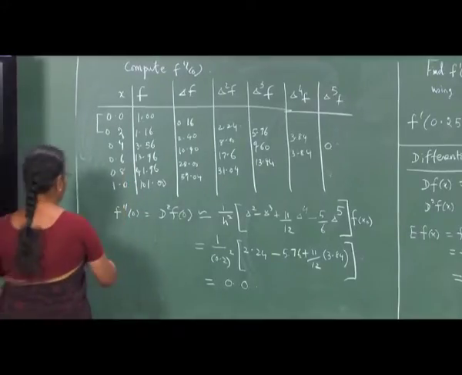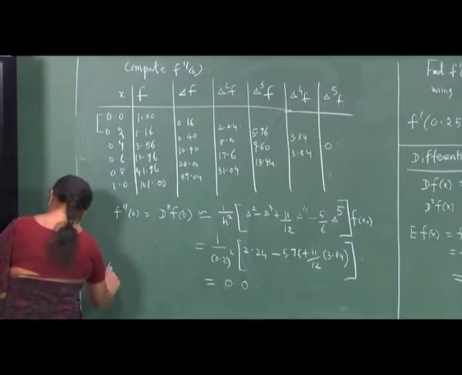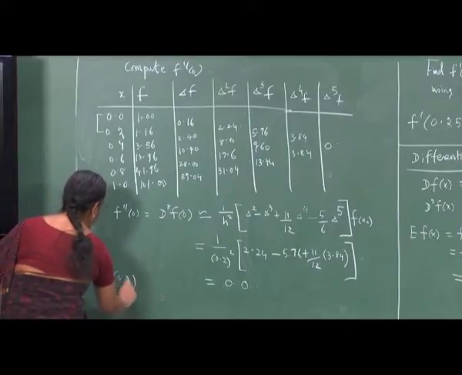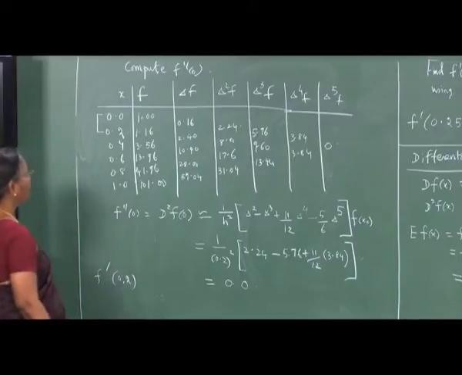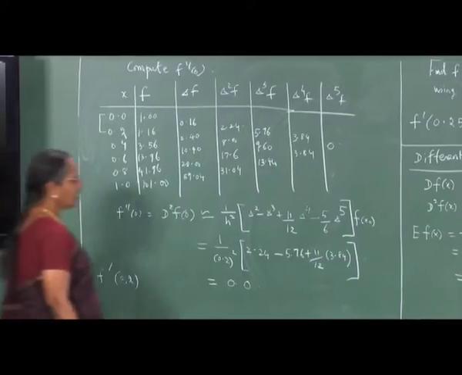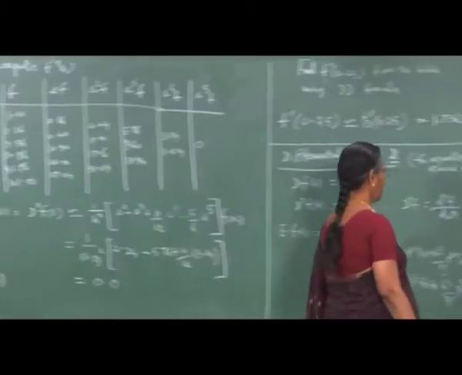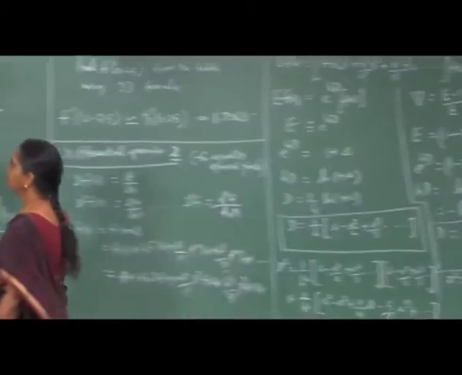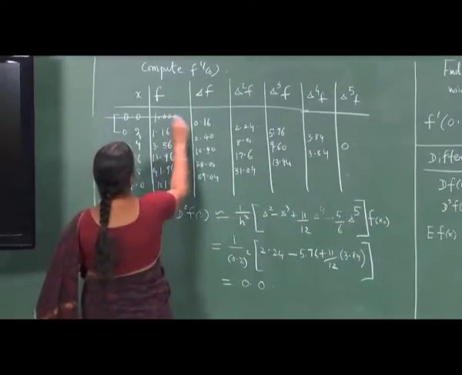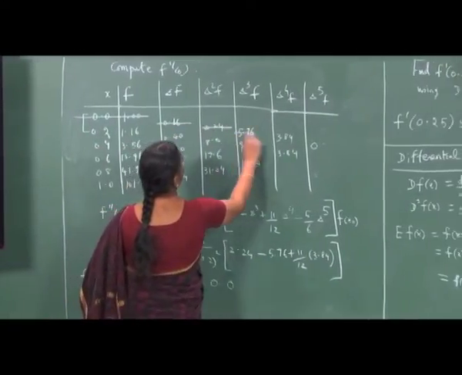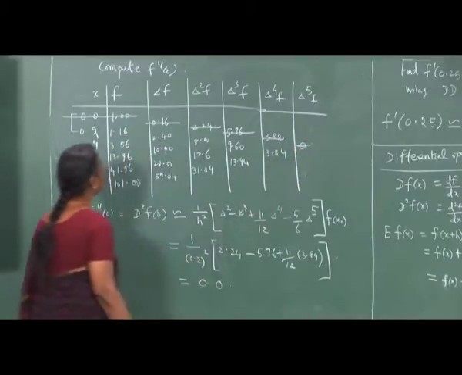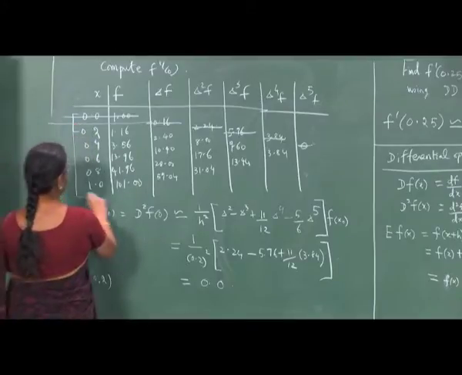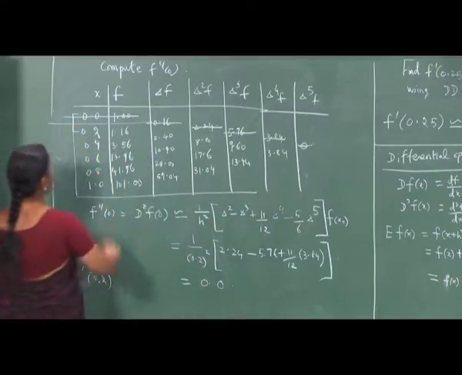In addition, if you are asked to compute f dashed at point 2, you can still make use of this forward difference table, where you can forget about the information given along this leading diagonal. Think that you are given the table of values starting from point 2.